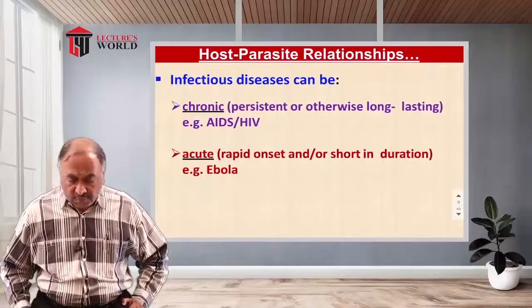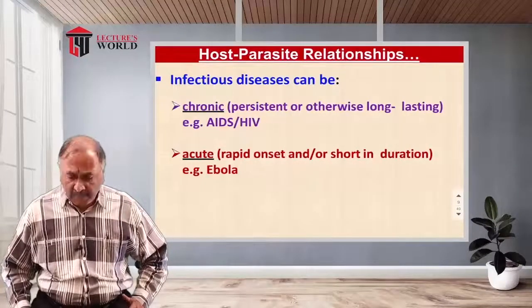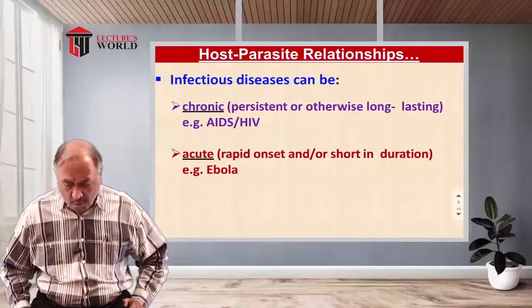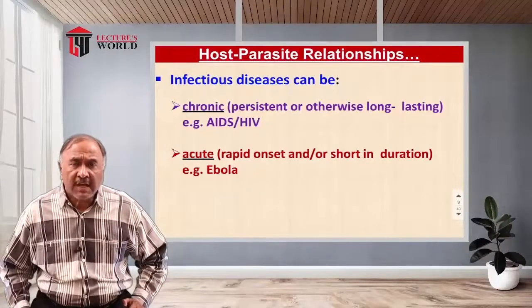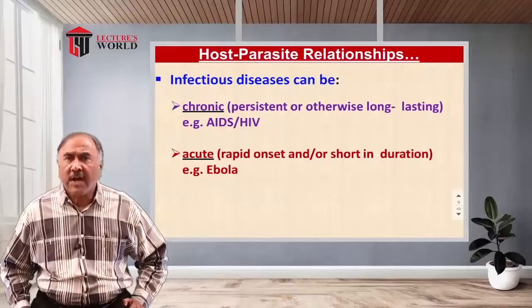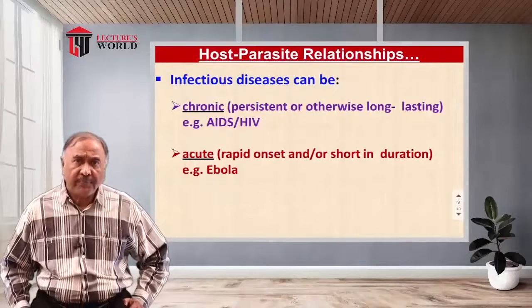Chronic diseases are persistent diseases. It means they last for long. It may last for months to years. And such diseases are known as chronic diseases.